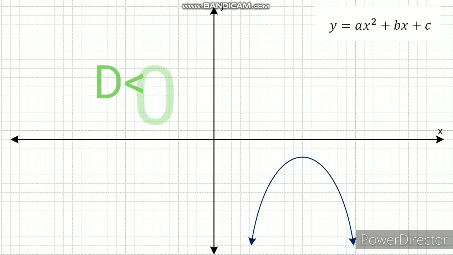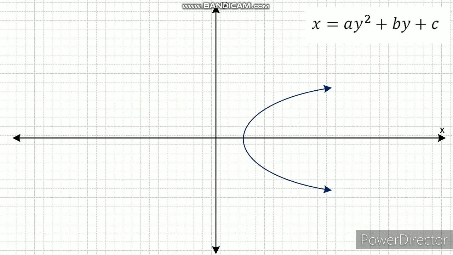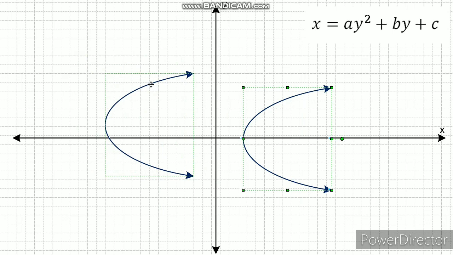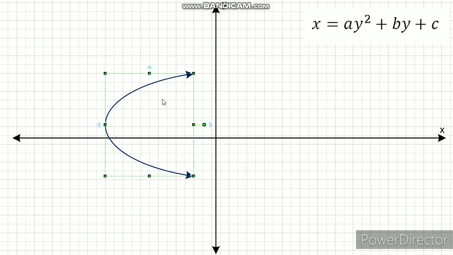Now if we go to the other type of parabola, which is the quadratic relation, not function, the general form will be like this: x equals ay squared plus by plus c. Now if this is the case, they always have one x-intercept.